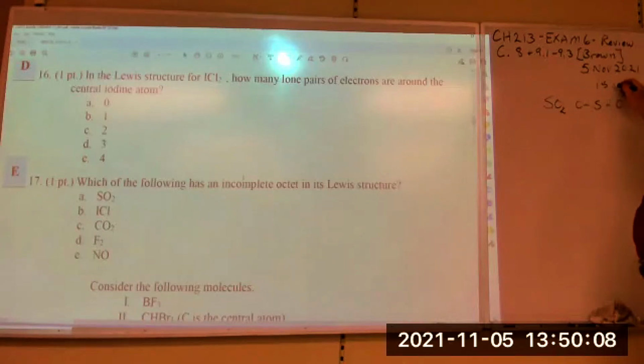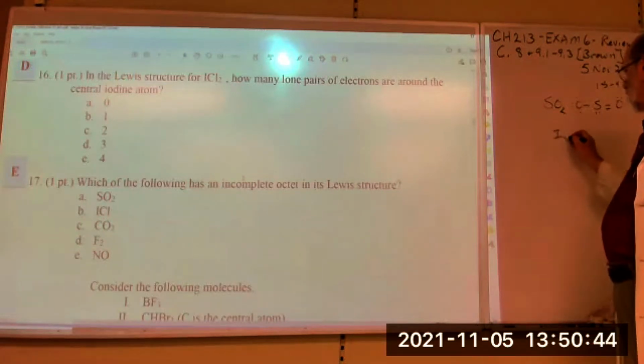So 2, 4 means 14. 2, 4, 6. 2, 4, 6. That's 12. So we have 2 left over here. So we don't want to take this one and make a double bond. We'll take one of these and make a double bond. Okay. That'll still give an octet, octet, octet. So sulfur dioxide is okay.